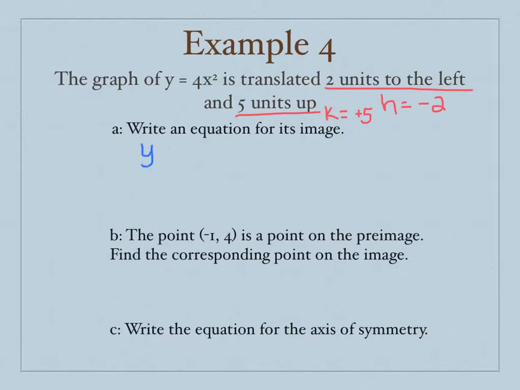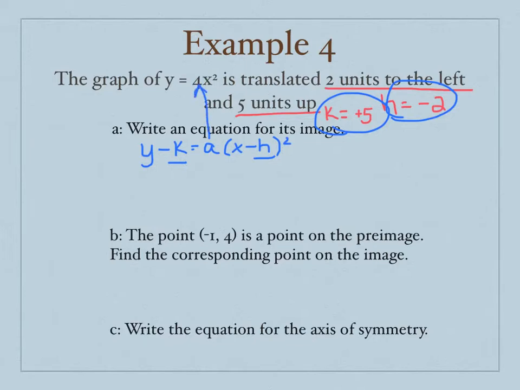The formula says y minus k equals a times x minus h squared. Now I'm going to plug h in here, k in here, and then the other one I'm going to take is the a value.